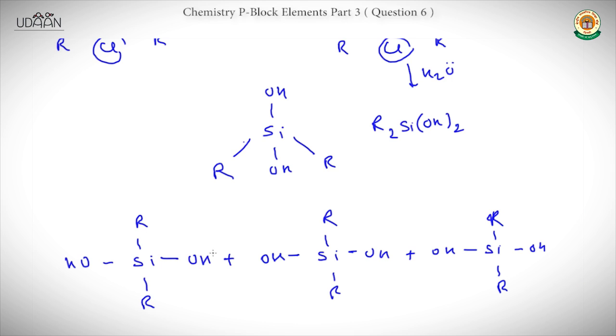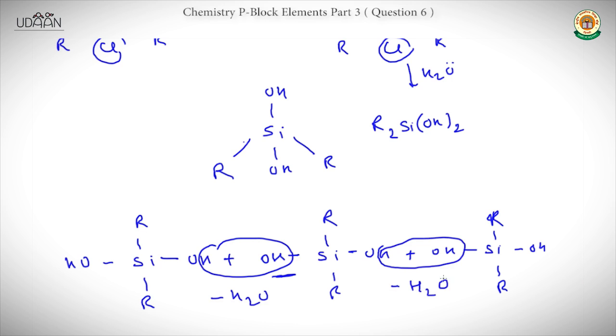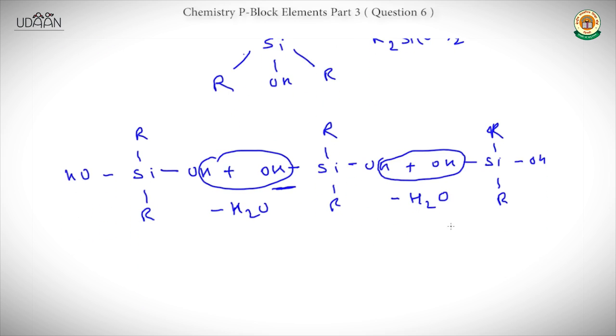So we are getting the chain silicones this way. If one OH goes from here, H will go from this atom, and so we are getting minus H2O from both sides, and we finally get the chain silicone.